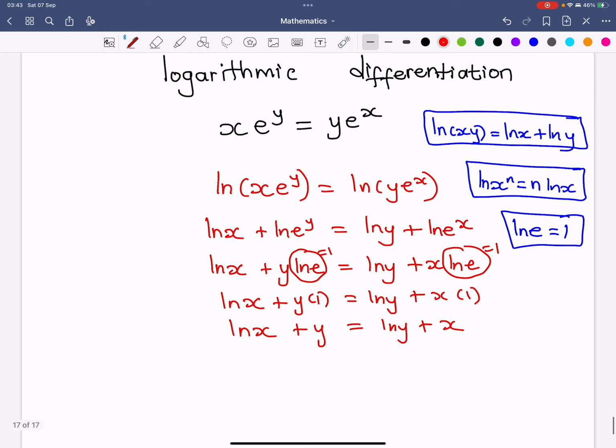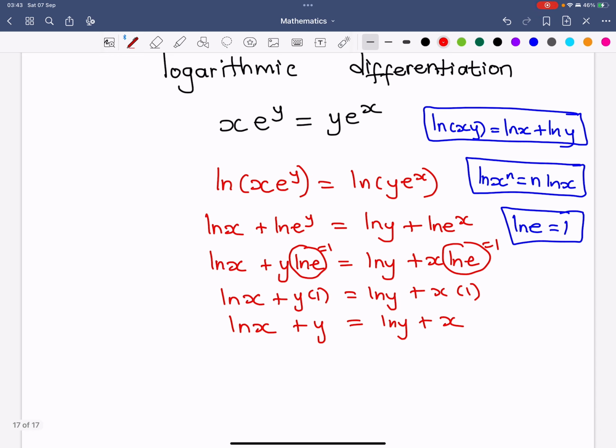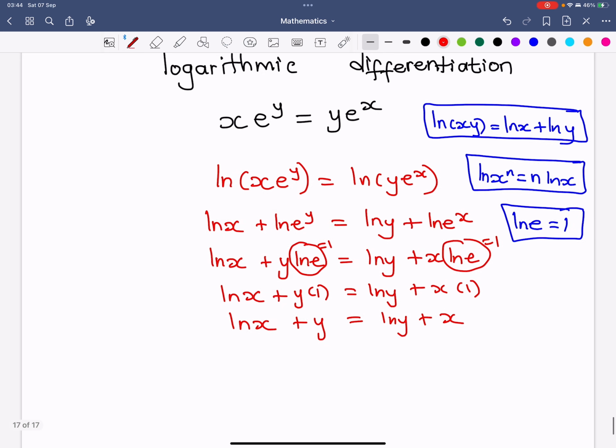So now we can do the derivatives because we have simplified this problem further. Let's do the derivative on this question. So we're going to say dy over dx on both sides: dy over dx of ln of x plus y equals dy over dx of ln of y plus x, right?